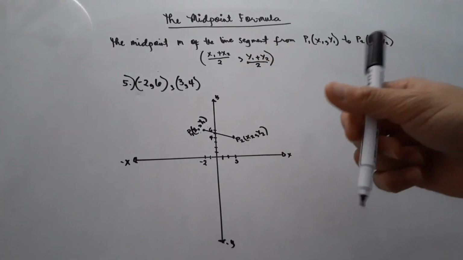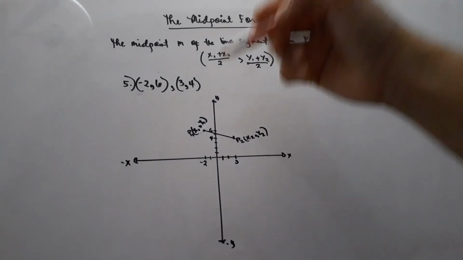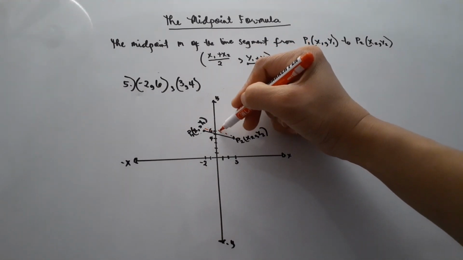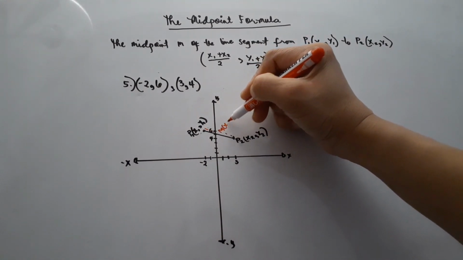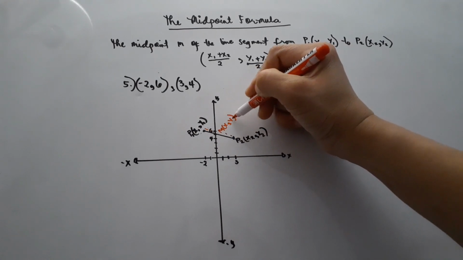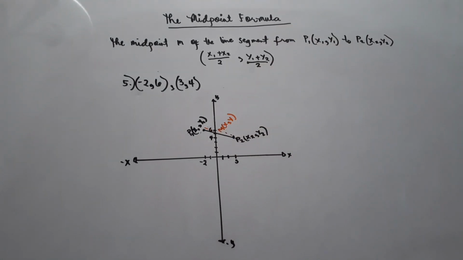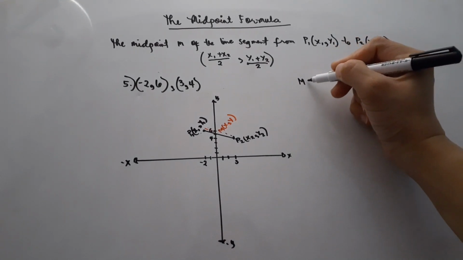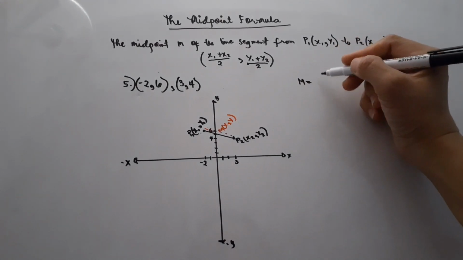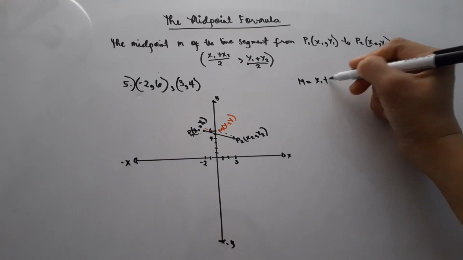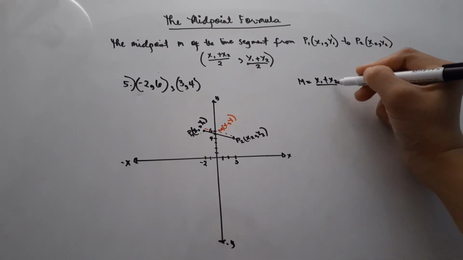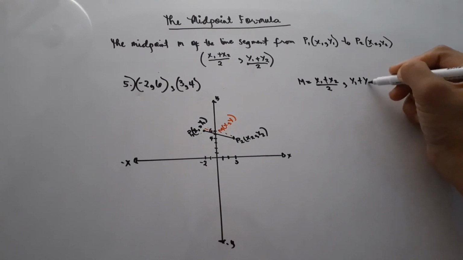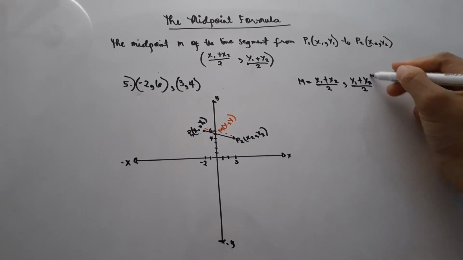And then we can find the midpoint here from this area. Remember that the midpoint is equidistant, and by using the midpoint formula we can find the answer. So we have the midpoint: x sub 1 added by x sub 2 divided by 2, and y sub 1 added by y sub 2 divided by 2.